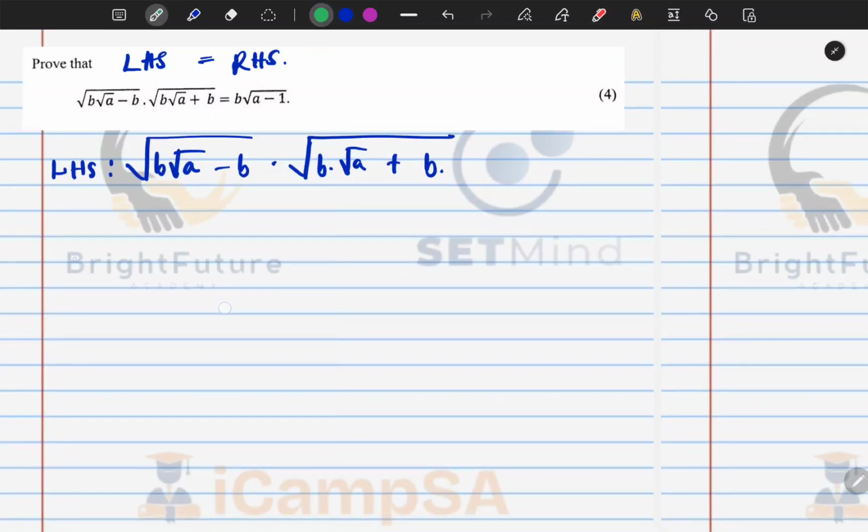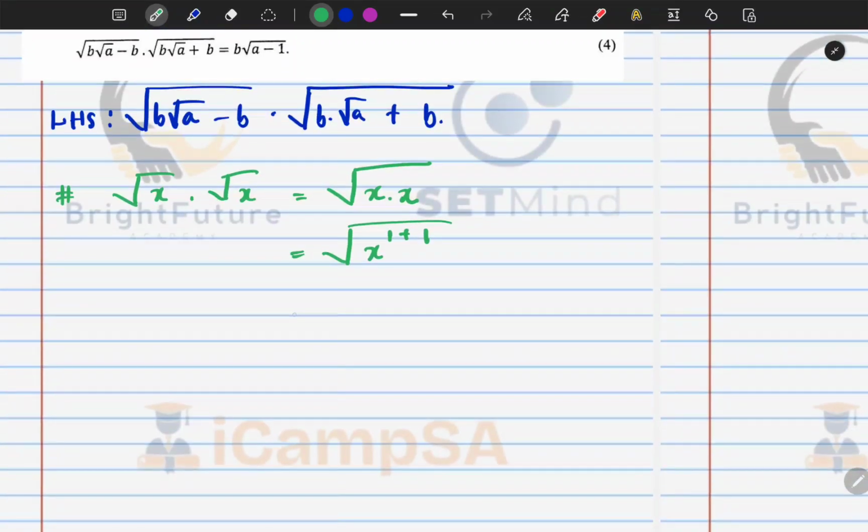So remember from your exponent laws, if you have x times x, you can literally write it as x times x, which is the same thing as you add exponents, it's going to be x to the 1 plus 1, which is also equal to the square root of x squared, and then this can also be written as x squared to the power of 1 over 2.